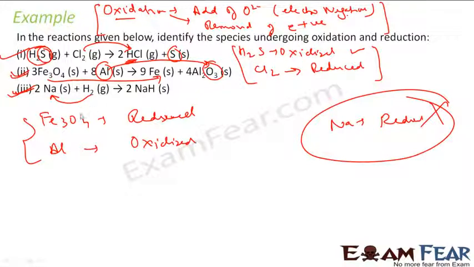Please note, with the current definition which we have learned till now, oxidation is nothing but addition of electronegative element and removal of electropositive element. With that, we are not talking about electron transfer now. Just with this definition, it looks like sodium got reduced and hydrogen got oxidized. But that is not the case.